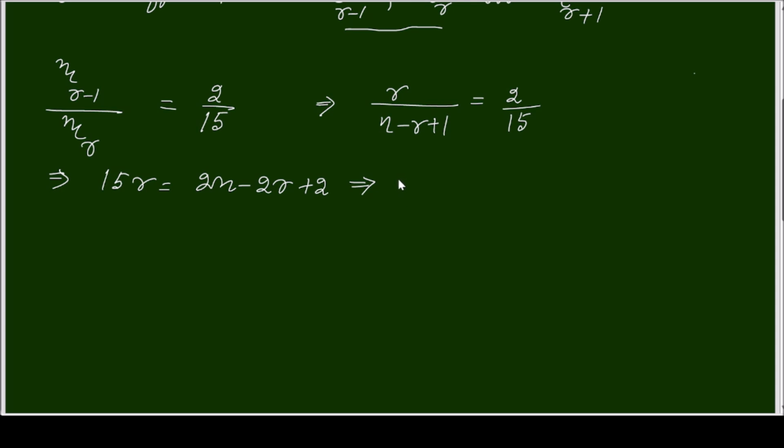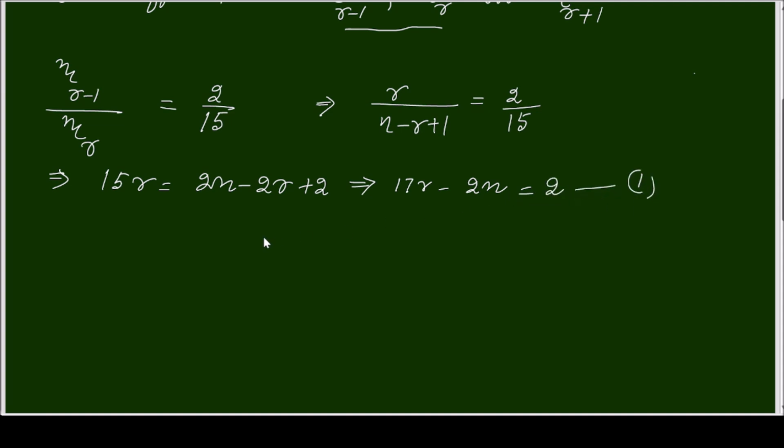Now you can cross multiply. So 15 times r equals twice n minus twice r plus 2, or taking to one side you'll get 17r minus 2n equals 2. So this is our equation 1.